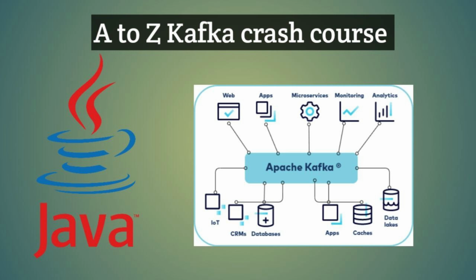Scaling. Kafka Streams supports horizontal scaling by allowing you to add more instances of your Kafka Streams application to handle increased data volumes. By scaling your Kafka Streams application, you can ensure that it can handle large volumes of data and maintain low latency processing.